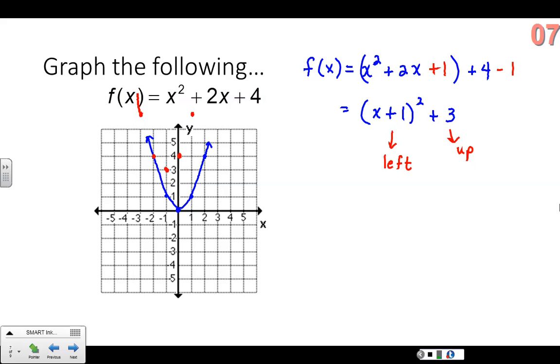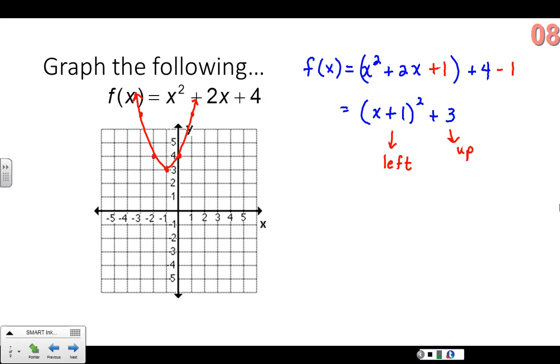So here is my new function, this is the function we're actually trying to graph. So let's take the basic curve back out of the problem. Well, I took too much out. Okay, so there's the function you're looking for.